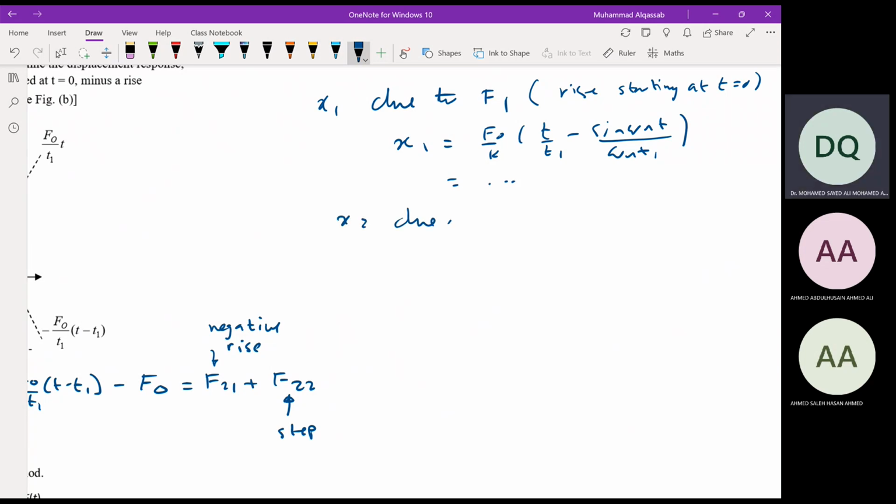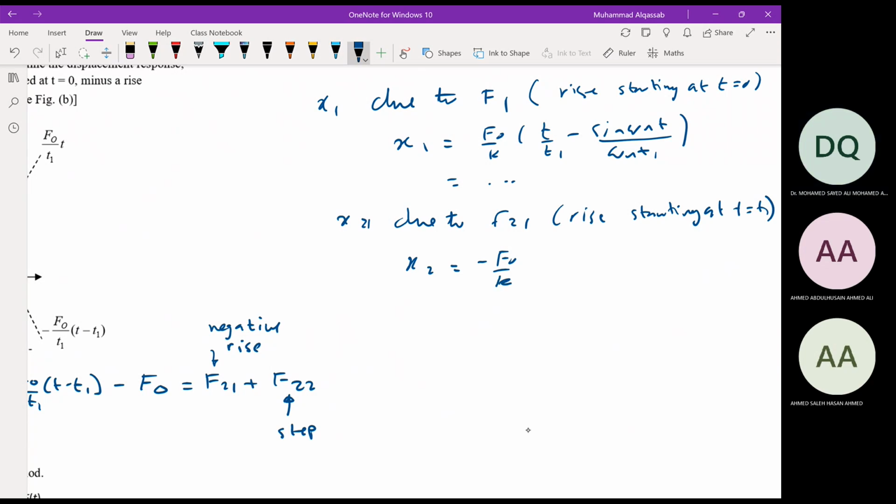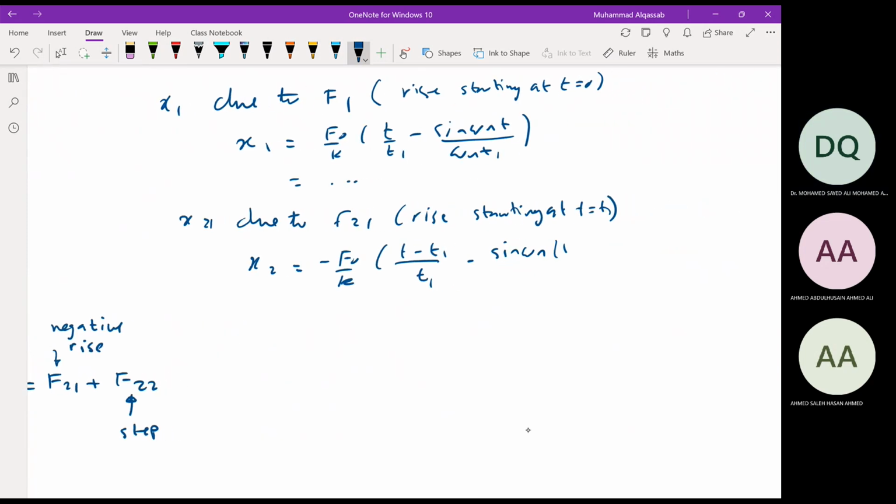X21 due to F21, which is a rise starting at t equal to T1. So it will be, it is a negative rise, so it is minus F naught over K, T minus T1 over T1 minus sine omega n (T minus T1) divided by omega n T1. Okay, and you can simplify or substitute.